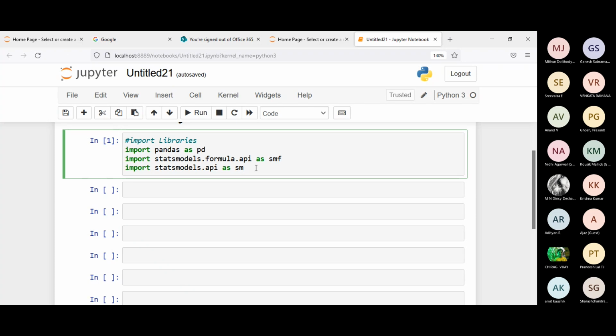Correct? So we all are familiar with this breaks data set, everybody? Can I help you? Statsmodels. It is statsmodels.